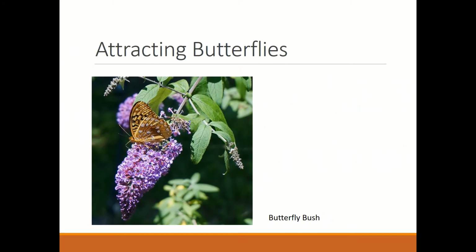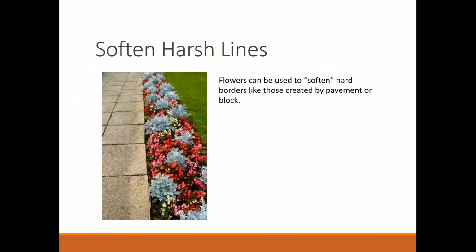Buddleia, or the butterfly bush, is a woody perennial plant that attracts butterflies. Just a bit ago, we talked about how flowers can soften hard borders. So in this situation, you have a sidewalk that was created using square pavers, which is a very hard surface.